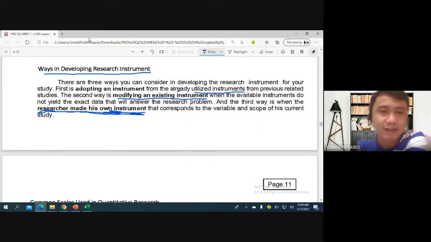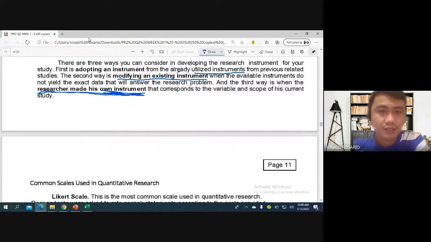We are not sure if the instrument that we will construct or make is valid or reliable. Kasi madugo din ang proseso ng paggawa ng sariling instrument. Kailangan dumaan yan sa validation process and reliability process. Okay, so tatlo yan. Siguro doon tayo sa una at pangalawa.